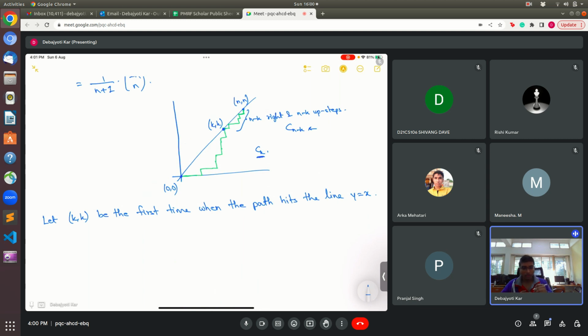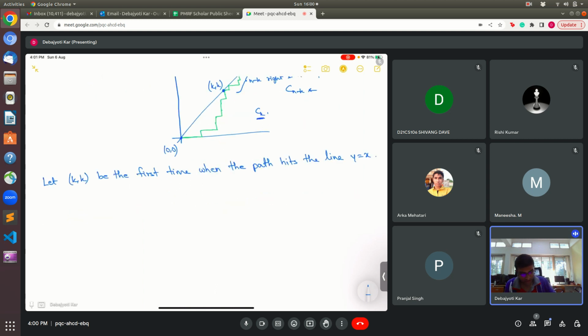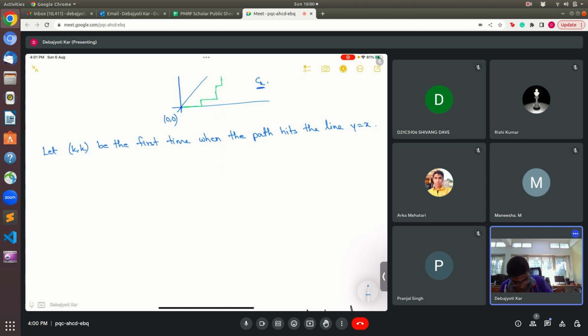But now you are trying to count the number of ways of reaching from 0, 0 to k, k without even hitting the line y equal to x. Okay, so let's write this down. First of all, from k, k to n, n is C_{n-k}.